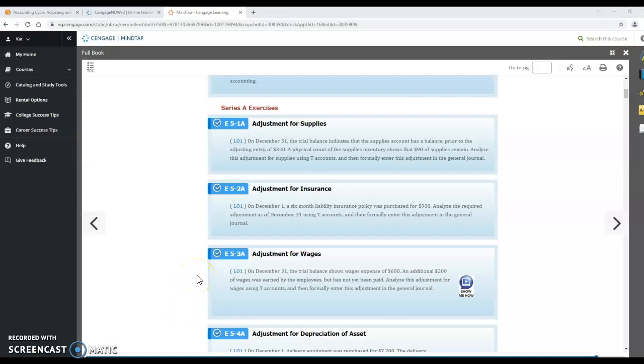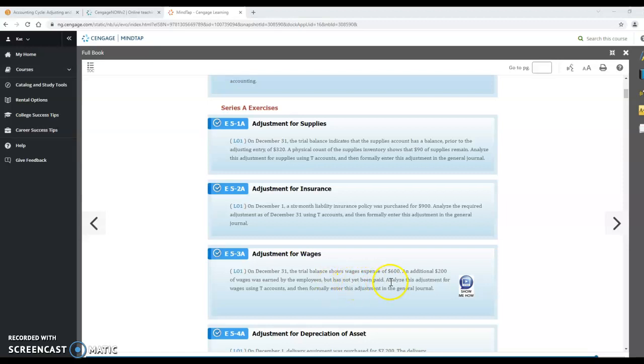Okay, now we have the next one, adjustment for wages. Trial balance shows wages expense of $600 that we've already spent during December for wages, so it had already been debited to wages expense of $600. Now we have an additional $200 where we used the employees at the end of December, but their payday is not until early in January.